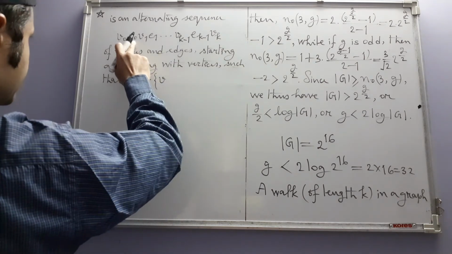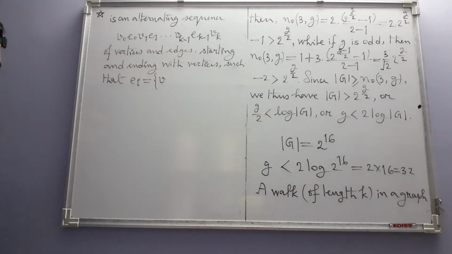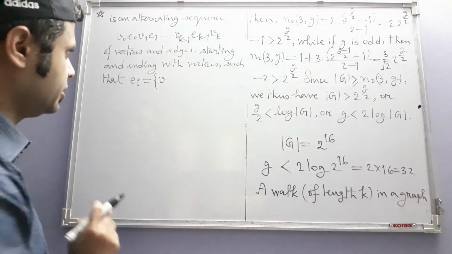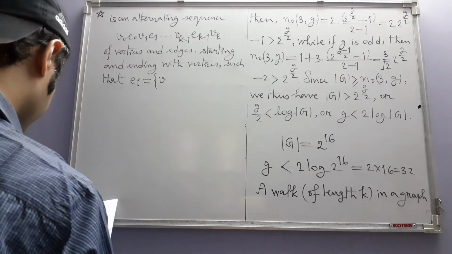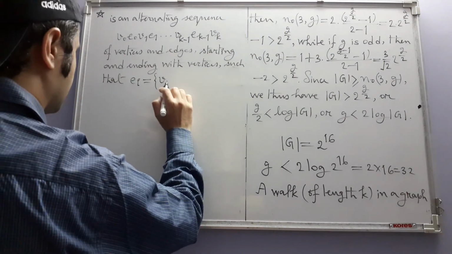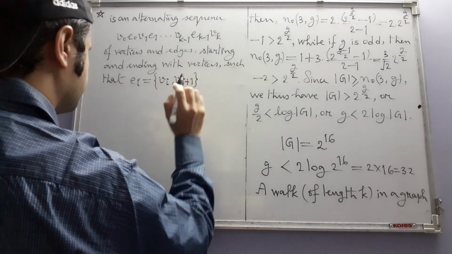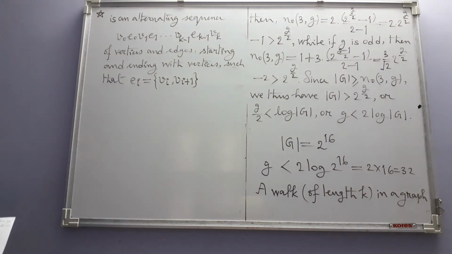That is, the edge that appears in between two vertices is an edge joining the vertices Vi and Vi plus 1, for all i less than k.